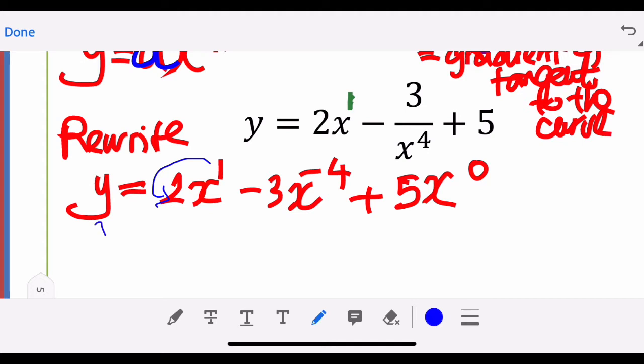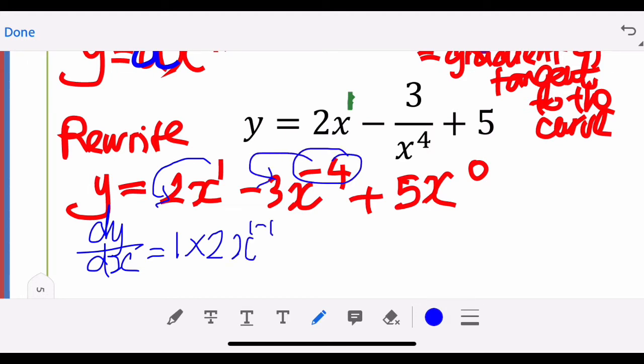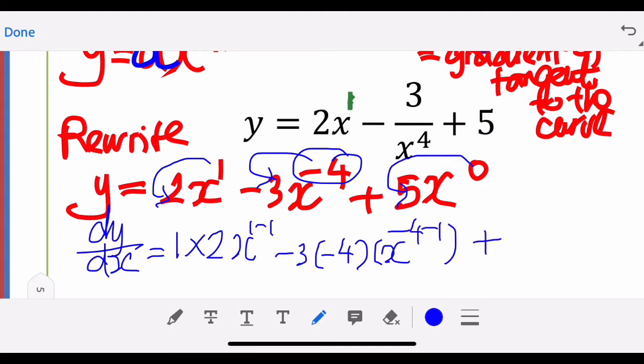Now we bring down the 1 times 2, x to the power 1 minus 1, then negative 4 times negative 3, which is n times a, then x to the power negative 4 minus 1. Then 0 times 5, x to the power 0 minus 1.